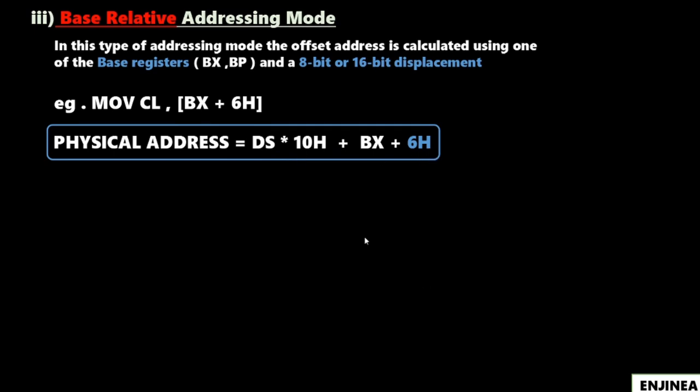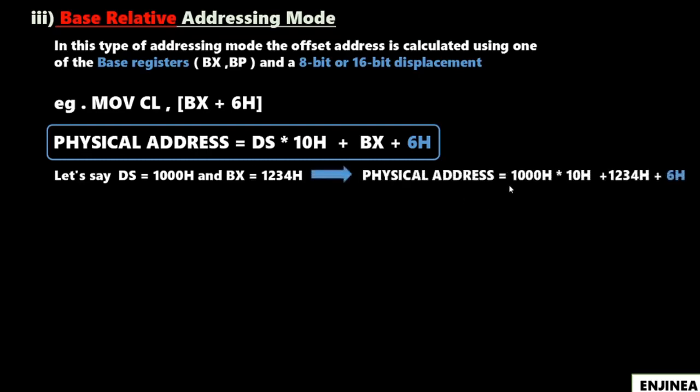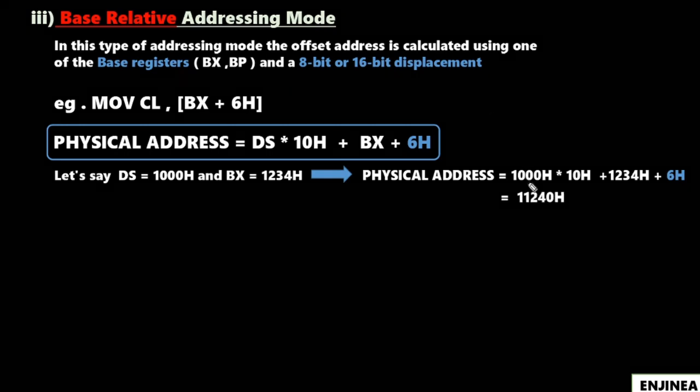So let's take a few values for DS and BX in order to understand the concept more clearly. Let's say the value of DS is 1000H and the value of BX is 1234H. So we can apply these two values inside this formula in order to calculate the physical address. The physical address will be 1000H into 10H plus 1234H plus this displacement value, so we get 11240H. And this physical address will be inside our DS, that is the data segment.